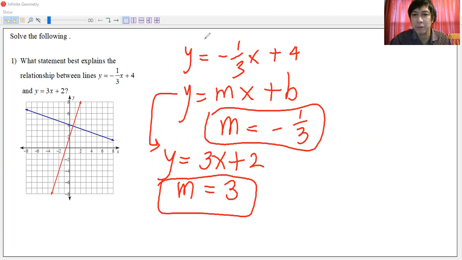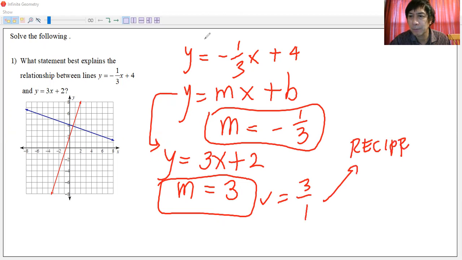So if you concentrate on the second, the negative of this is positive, and 3 is 3 over 1. The reciprocal of this is 1/3. And if you negate that, that's exactly this one, okay? So that means they are at right angles to each other.